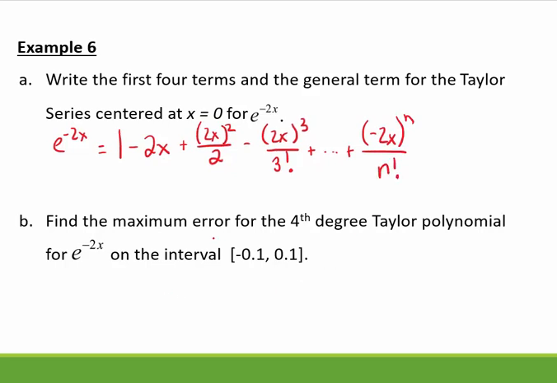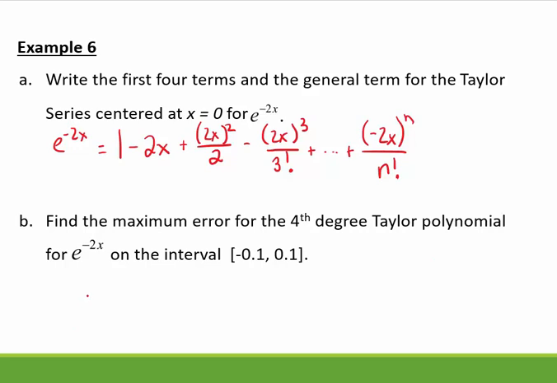Find the maximum error for the 4th degree polynomial. Okay, so my 4th degree polynomial, I go to the 5th term. So my 5th term, the value of the 5th term, sorry, I got distracted.